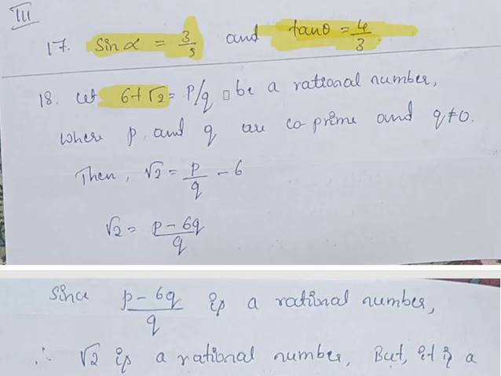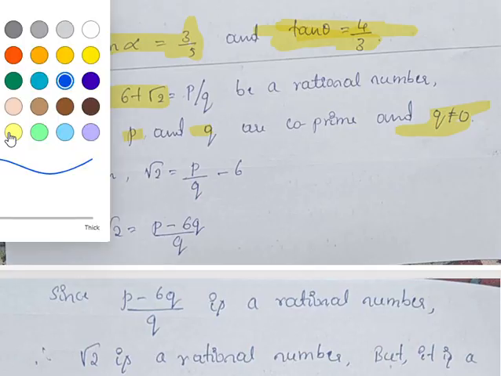A rational number should be in the form of P by Q, where P and Q are co-prime integers and the denominator Q should not be equal to 0. This is the condition for a rational number.